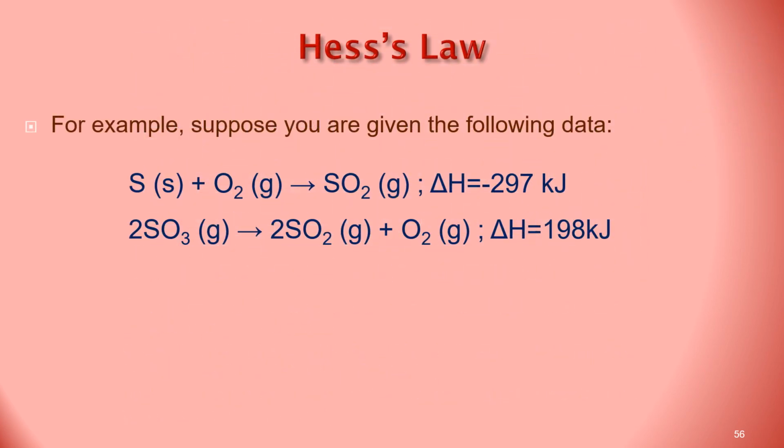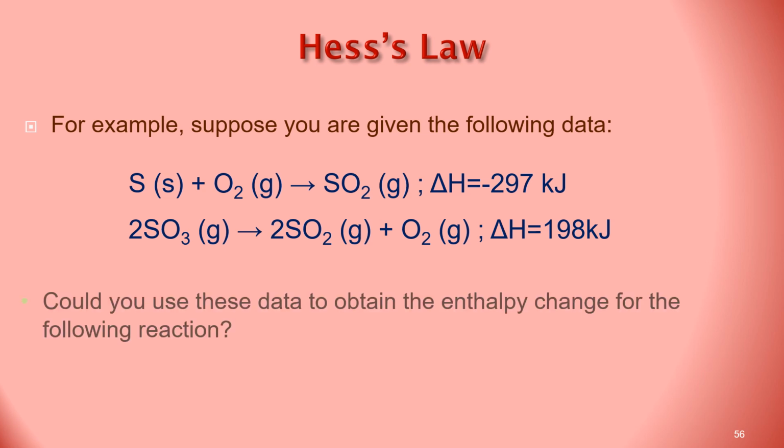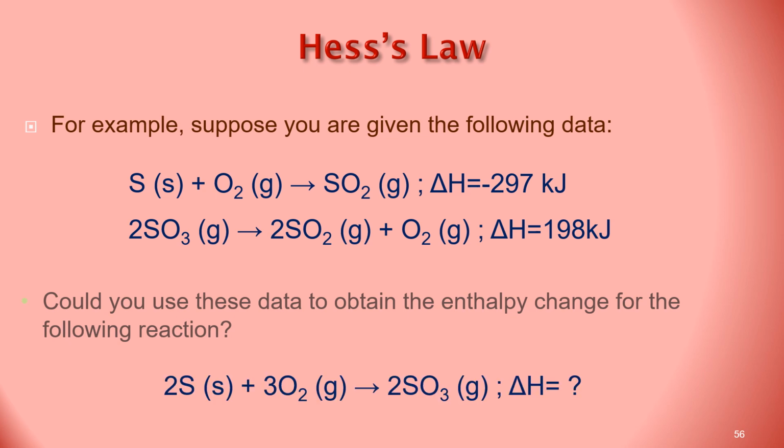All right, so let's do another example. Suppose you're given this data. S solid plus O2 gives me SO2, negative 297 kilojoules, and then 2 SO3 gives me 2 SO2 and O2, which is 198. But what I really want to know is the delta H for this reaction: 2S plus 3O2 to give me 2 SO3.